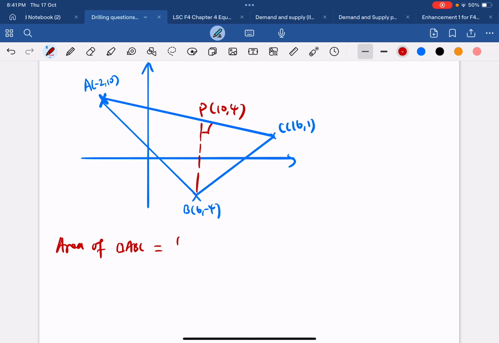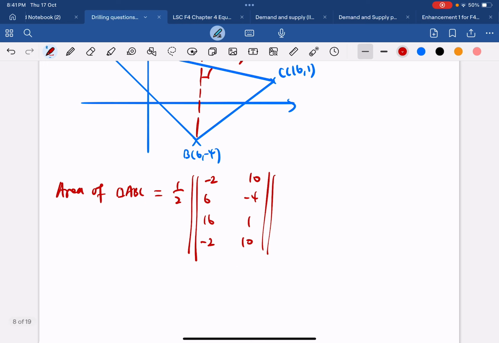So 1 over 2, and then you draw 2 lines, copy the coordinates, and then copy the first one one more time at the end. Remember, diagonal down is plus, right? So negative 2 times negative 4, and then plus 6 times 1, which is just 6, and then plus 16 multiplied by 10, which is 160.